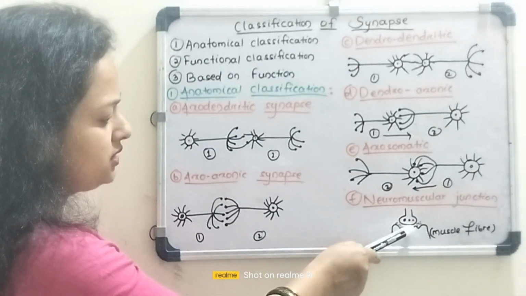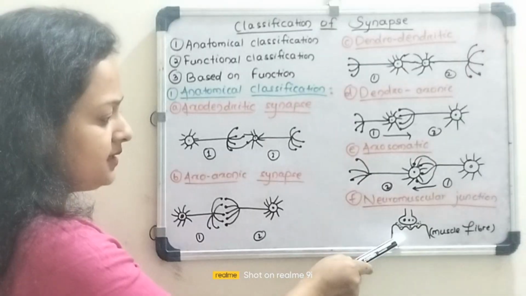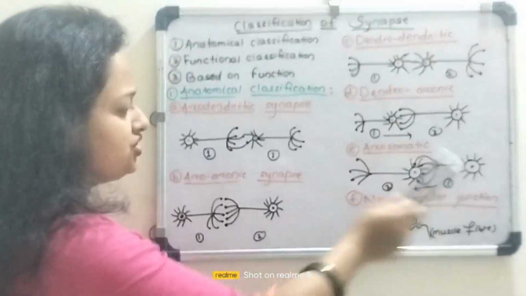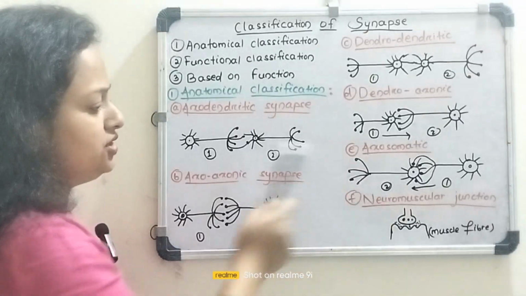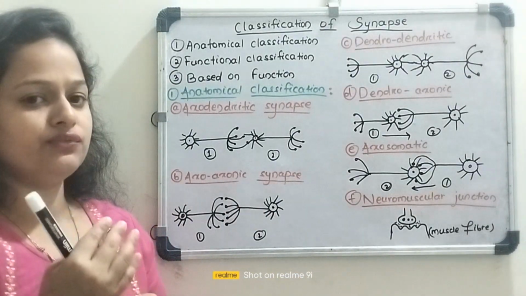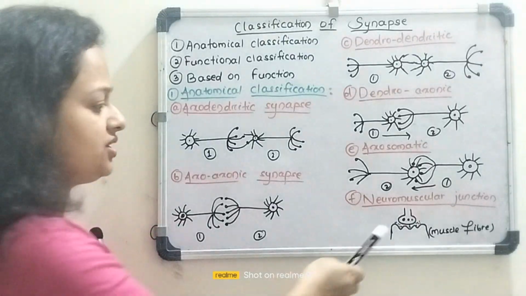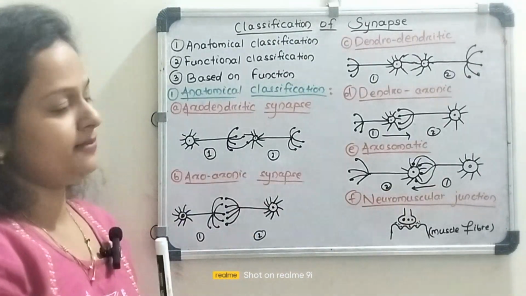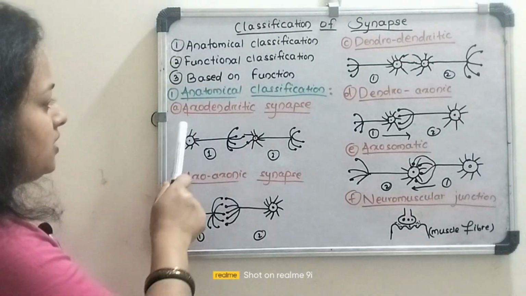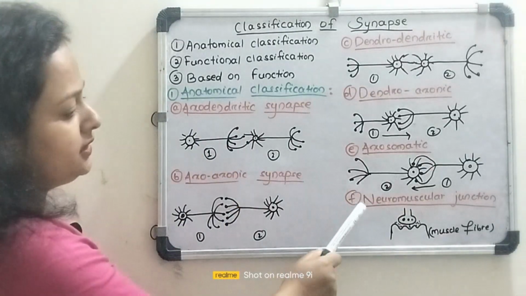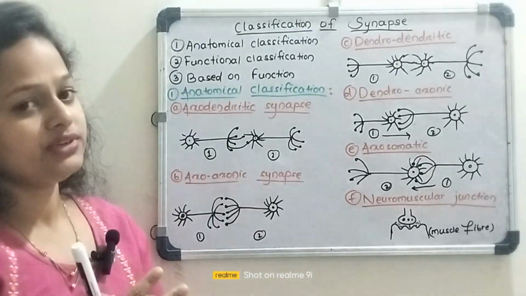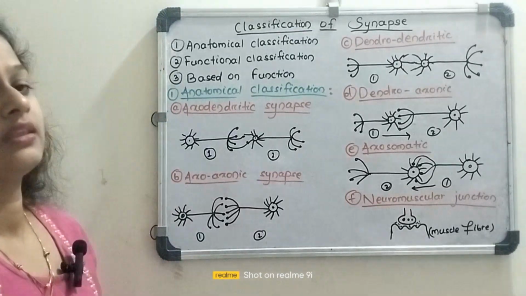When one neuron ends at the muscle fiber, it forms the neuromuscular junction. And here the neurotransmitter comes in the form of the impulse and excites the muscle cell. Out of these 6 types of synapse, the axodendritic synapse and the neuromuscular junctions are mostly present in our body.